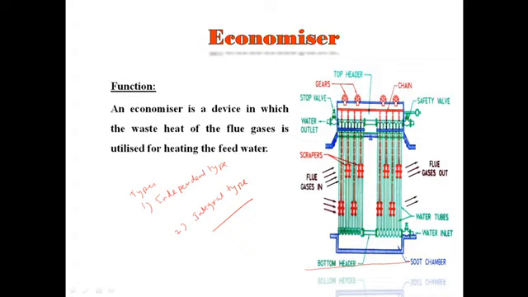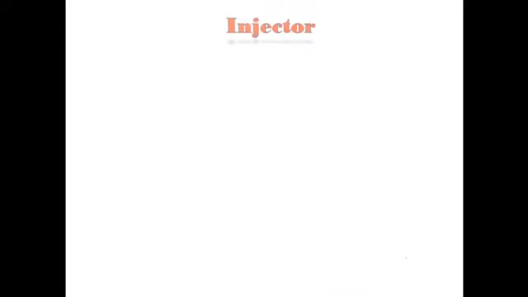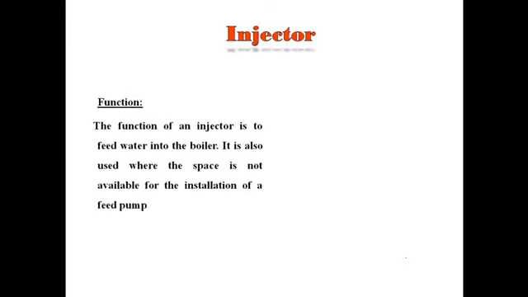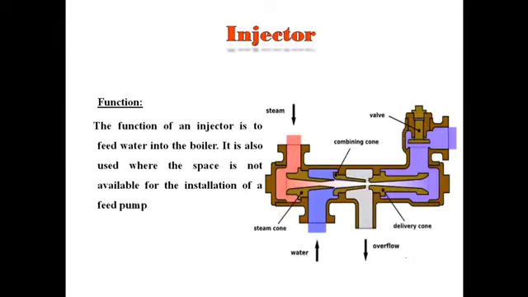The next one is the injector. The main function of an injector is to feed water into the boiler. It is also used where space is not available for the installation of a feed pump.